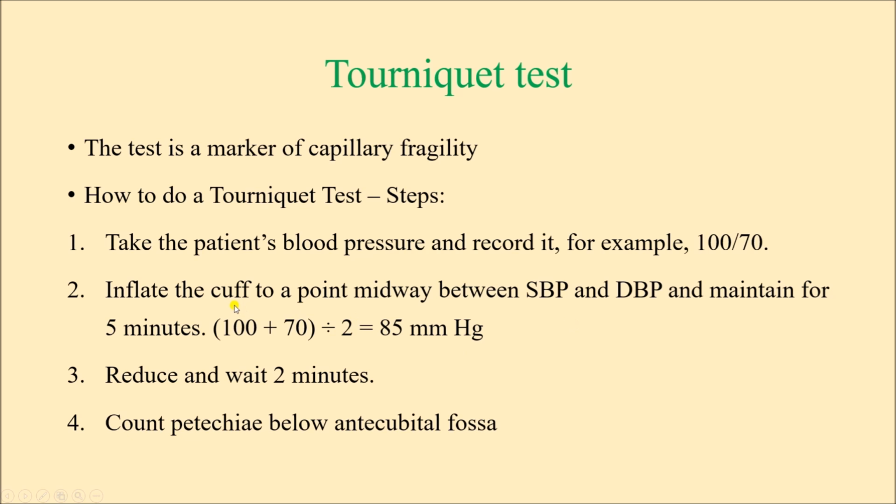So we have to inflate the BP cuff up to 85 millimeter of mercury and maintain at that pressure for 5 minutes. Okay, then we have to deflate the cuff. Okay, we have to let the air inside the cuff go. So you reduce the pressure and we have to wait for 2 minutes. After 2 minutes, we count how many petechial spots are there in 1 square inch area in the antecubital fossa.